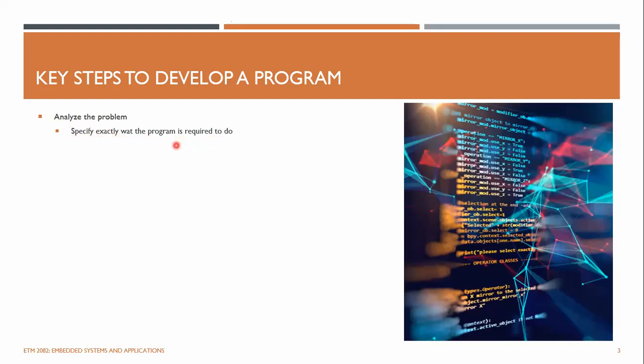So your program should be able to perform different tasks. So those tasks should be able to solve the problem. And you have to specify your inputs and outputs and possible algorithms.